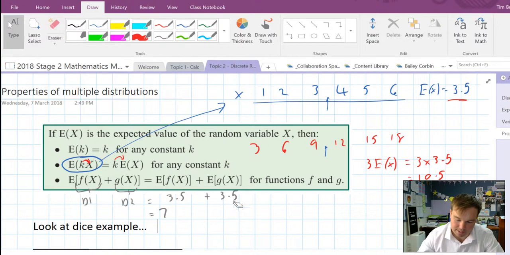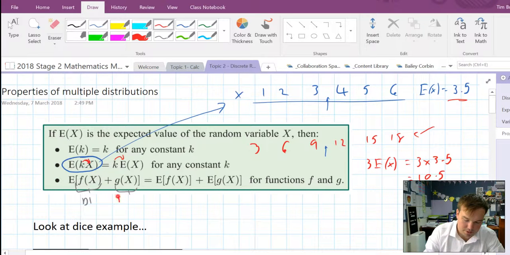Or, another different way of thinking about this, if we have different dice. Let's say we have one ordinary dice, and then we have this red dice over here. So, dr, the red dice. The one that's every term's been multiplied by 3. This red dice looks like 3, 6, 9, 12, 15, 18. Alright?